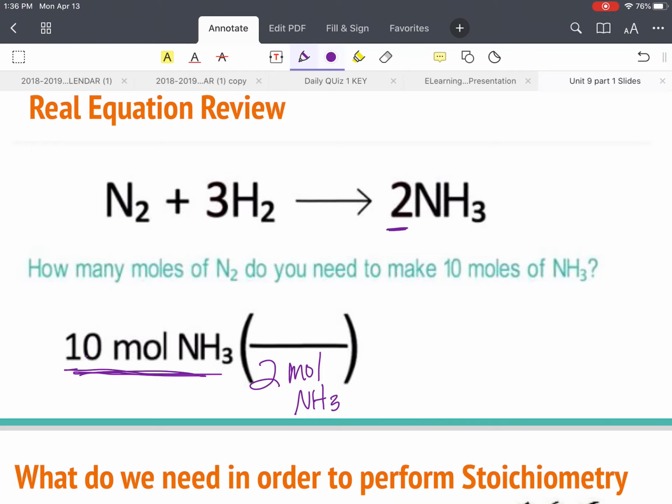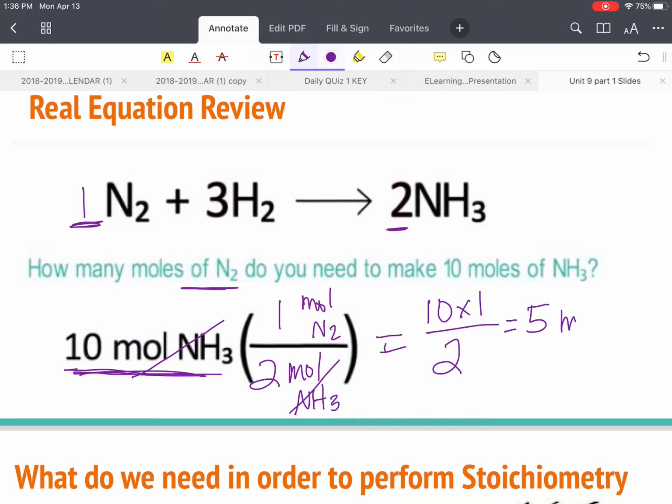So that's saying that for every 2 moles of NH3, and since I'm looking for moles of N2, I'm going to look at the number in front of N2, which is just 1. So I only have 1 mole of nitrogen for every 2 moles of NH3. So when I calculate, those are going to cancel. So basically it's just 10 times 1 over 2, which is 5 moles of N2.